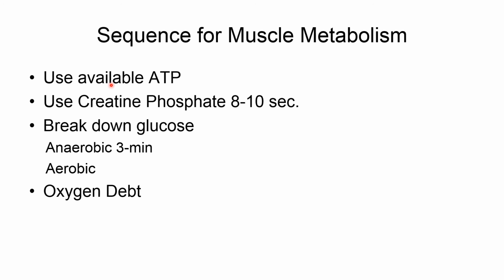The oxygen taken in by the body above that required for resting metabolism after exercise is called the oxygen debt. It represents the difference between the amount of oxygen needed for aerobic respiration during muscle activity and the amount that actually was used. ATP produced by anaerobic respiration and used during muscle activity contributes to the oxygen debt.